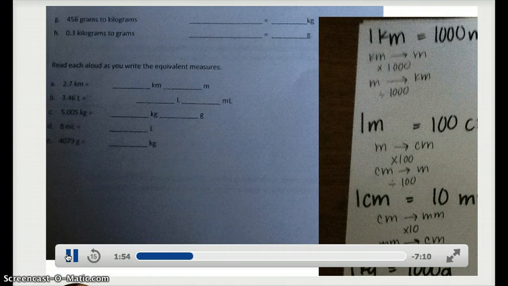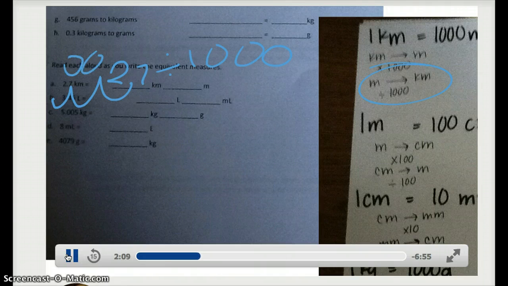For the next group, you have 2.7 kilometers. In order to get that to meters, I looked at my paper. You have to divide by 1,000. So that's 3 decimal points to the left. And I get 0.027 meters. So I have, whoa, Miss Nicolay just totally messed up, which is okay.